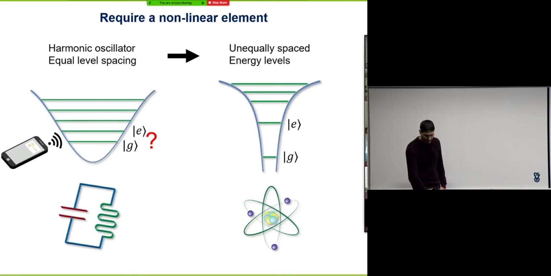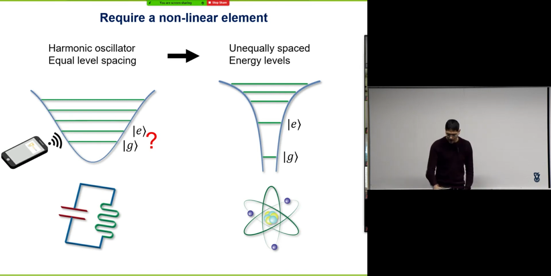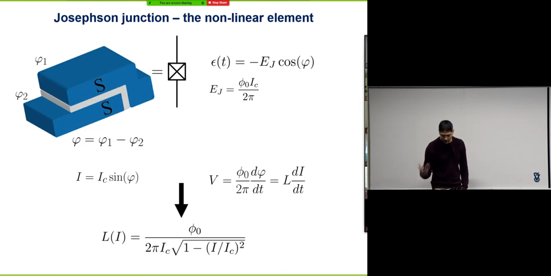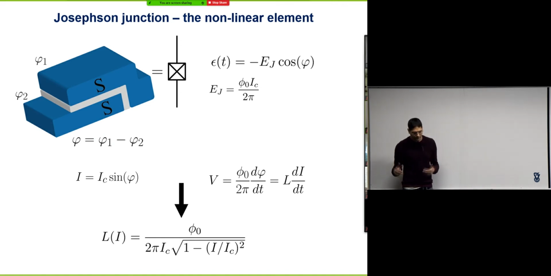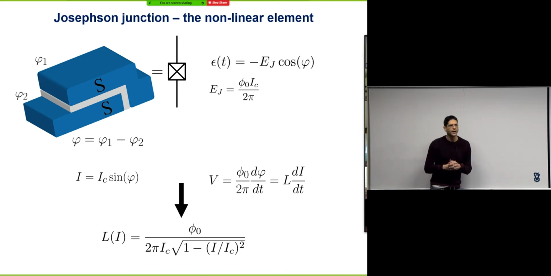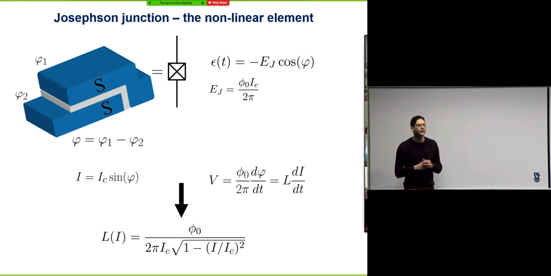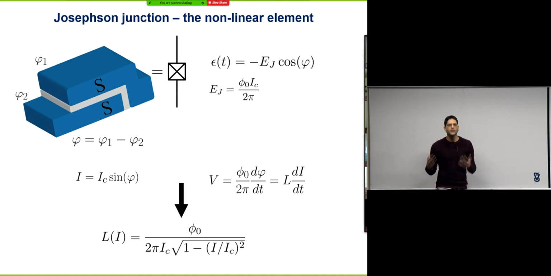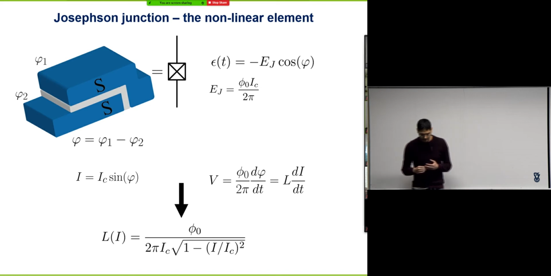We can think of it as an electromagnetic mode. Then we discussed the nonlinear element, the Josephson junction, and we stopped right here. I gave you some model for the Josephson junction, and at the end I stopped at what I called an engineer's equation, which shows you that you can regard this Josephson junction simply as a nonlinear inductor. This is where we stopped last time.